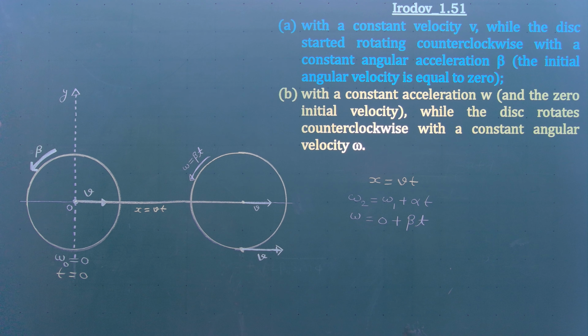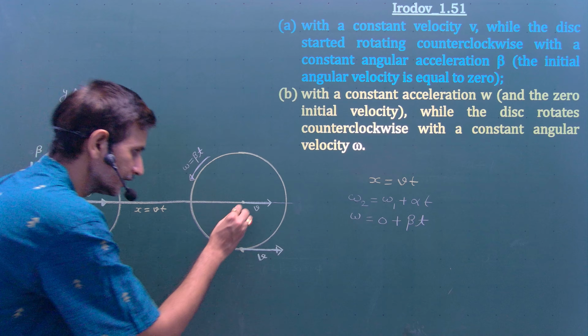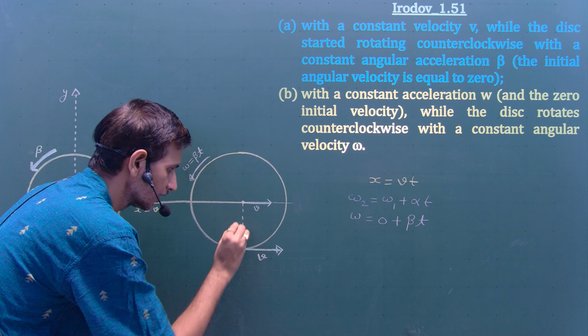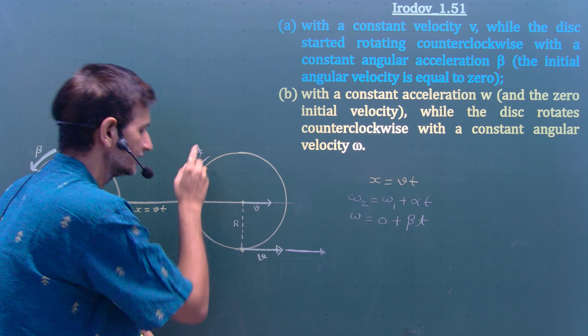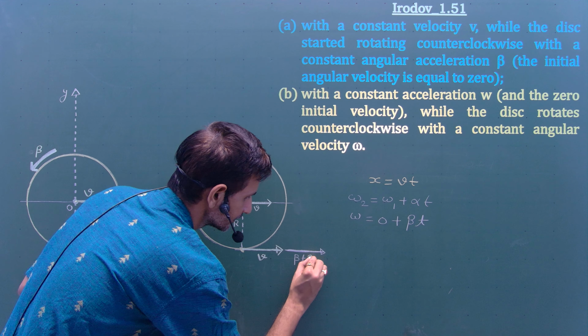Yes, this is the angular speed. Now if the radius is r, the speed due to this angular velocity of this point is v equal to omega into r. So the speed is beta into t into radius r.